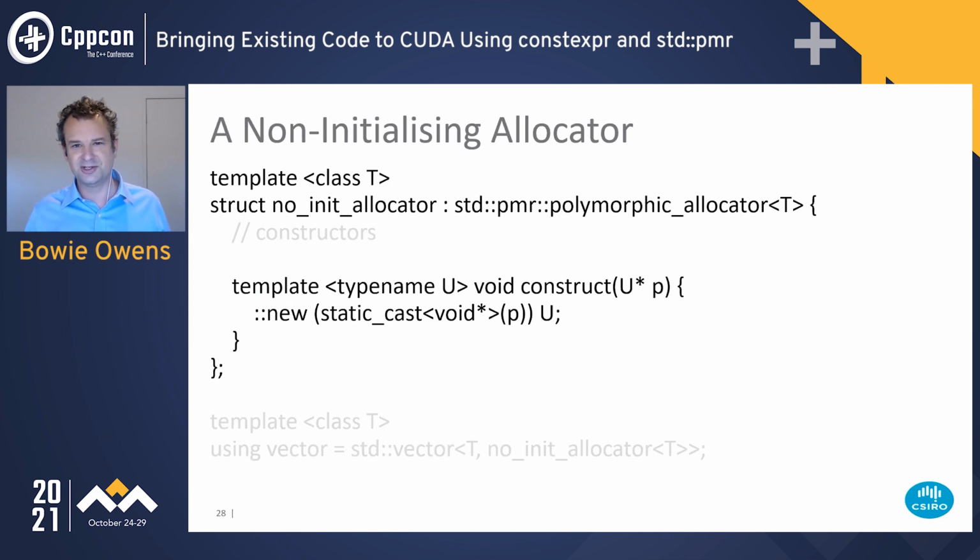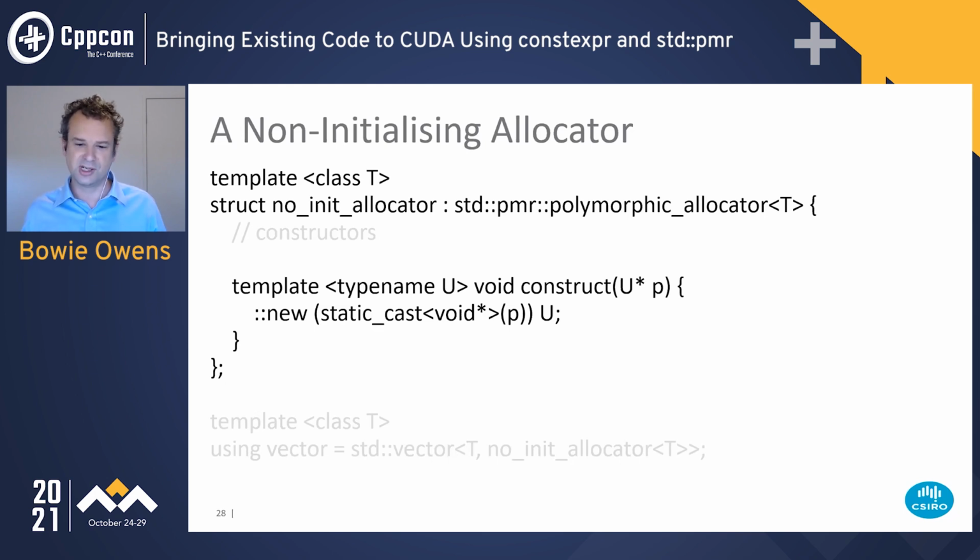So what we need to do to work around this problem is to create an allocator that is going to default initialize the primitive types when asked to construct them. So it's not going to set them to 0. It's just going to essentially do nothing. So the easy way to do this is to reuse most of standard PMR polymorphic allocator, which is what the standard PMR vector is using behind the scenes.